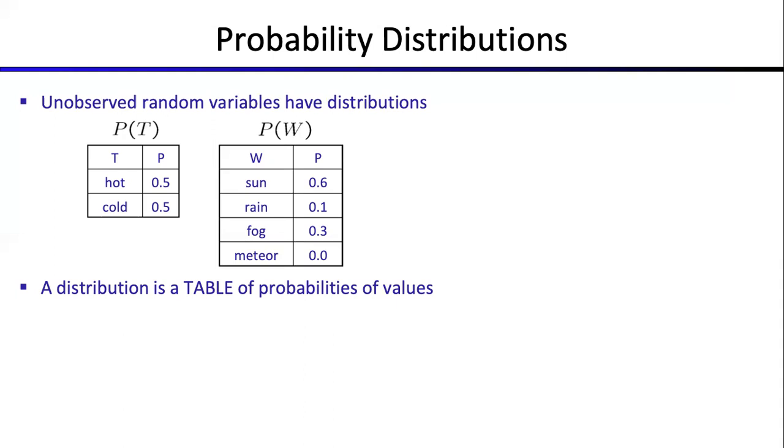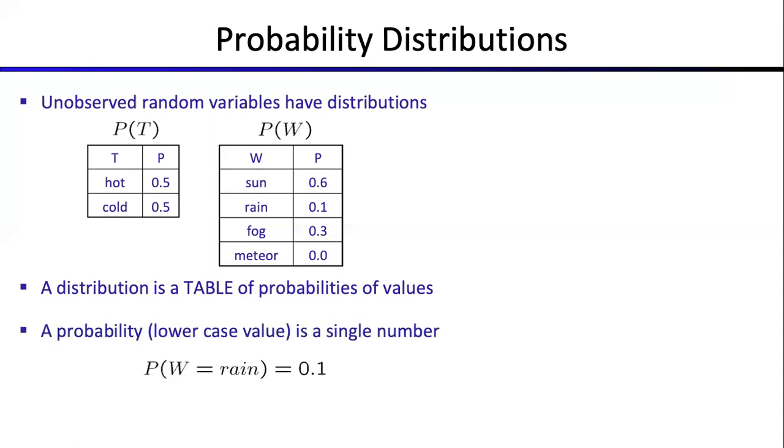And I can also have the probability of whether W is foggy or not, whether W is rainy or not, or whether W is sunny or not. That single instance value can be extracted from this probability distribution. For example, the probability of W equals rain is 0.1. That is given from this distribution. So from the distribution, I can find out some specific probability values.